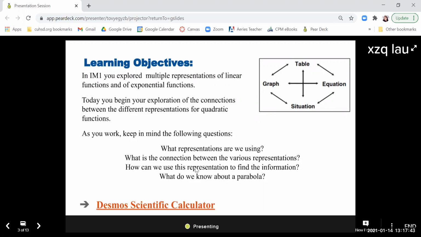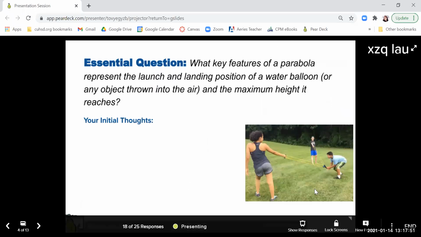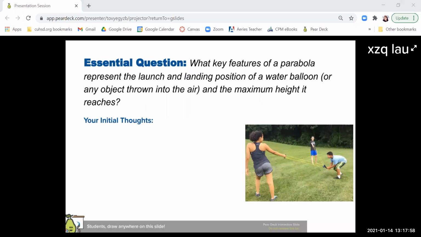And here are those key questions we want to think about. And here's your Desmos Scientific Calculator link, so make sure you have that. And then your initial thoughts. You should have had a moment to do that already because it did switch for you on the Pear Deck, so hopefully you're able to jot something down there.